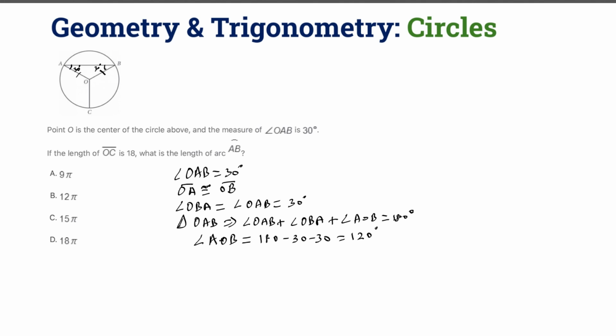This 120 degrees, we have to convert into radians. And so the formula for converting degrees to radians is the angle in degrees times pi over 180.